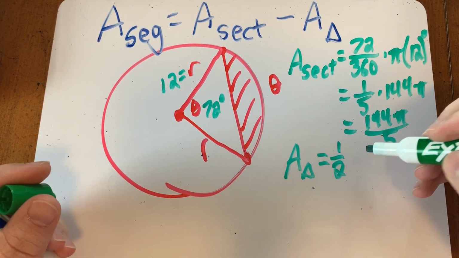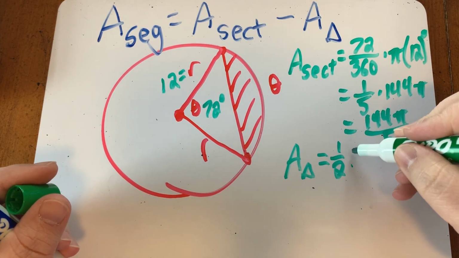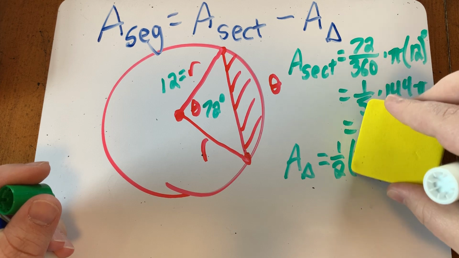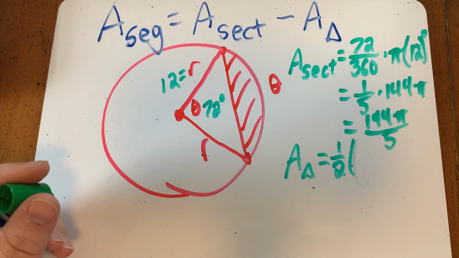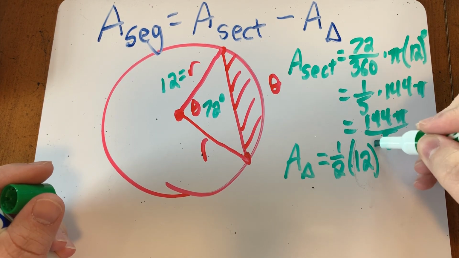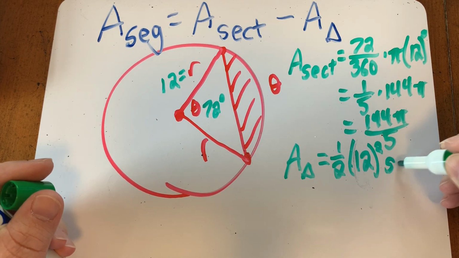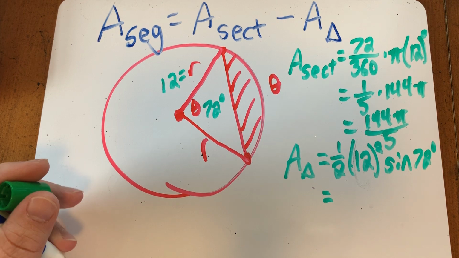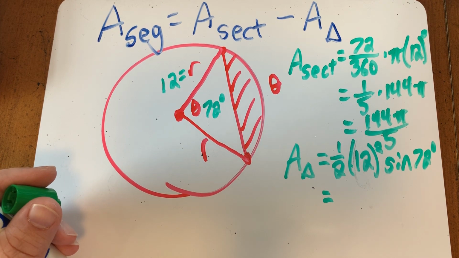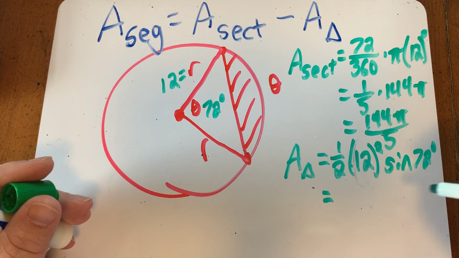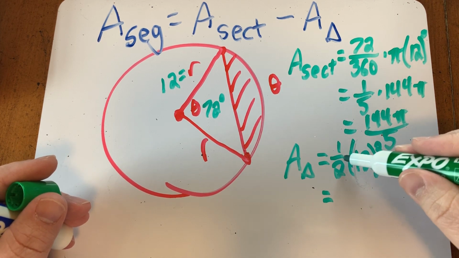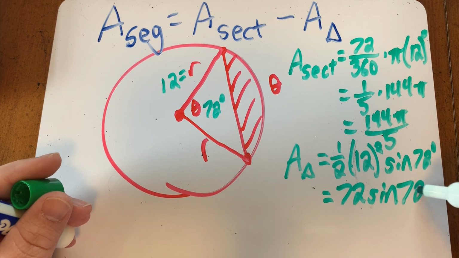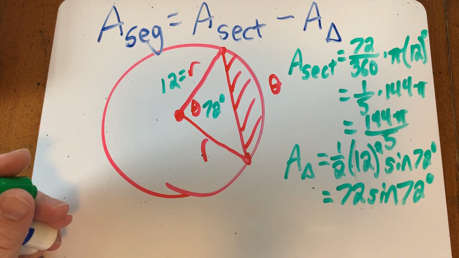So 1/2, hey look, we have 2 sides and the included angle. 1/2 times 12 squared, 12 times 12, times sine of 72. I don't know what sine of 72 is off the top of my head, and my calculator is over on my counter, and I don't feel like getting up. But 144 divided by 2 is 72, so 72 sine of 72 is the area of the triangle.